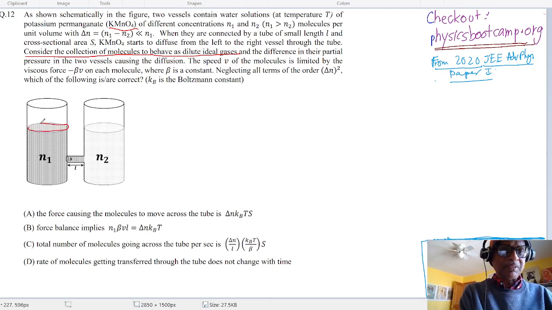Forget this open thing, just close everything, and you have two closed containers, and you have some gas here with number of molecules over the volume equal to N1 this side, and number of molecules per volume equal to N2 this side. And think of each one of them as just ideal gas.